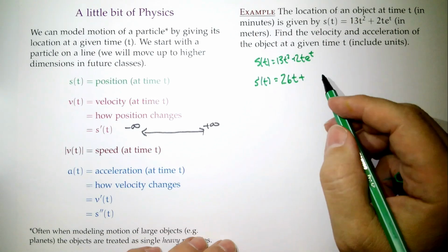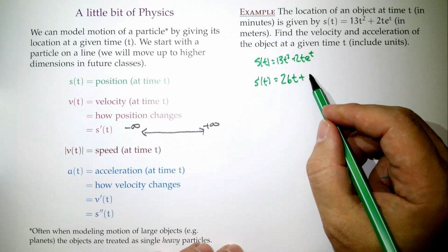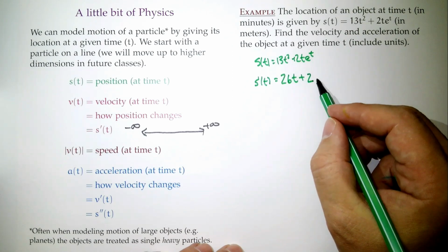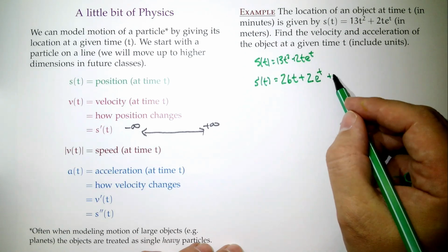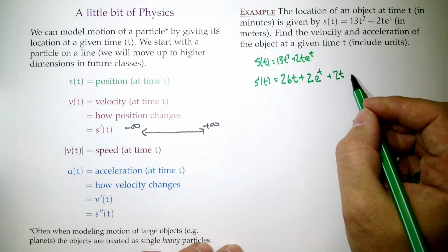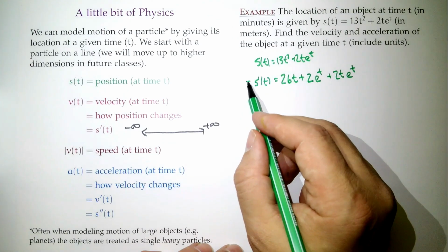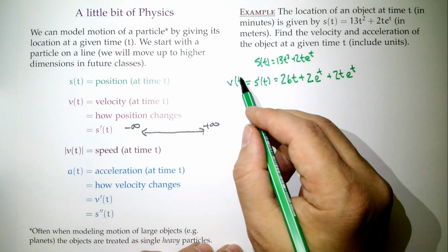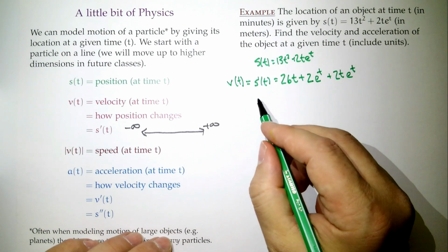All right. So, derivative of 2t, 2 times e to the t. So I like to do the derivative of the first times the second, plus the first times the derivative of the second, derivative of e to the t, e to the t. All right. So that's s prime of t, and we'll make a note that's v of t, because the first derivative is velocity. All right, what's s double prime of t?